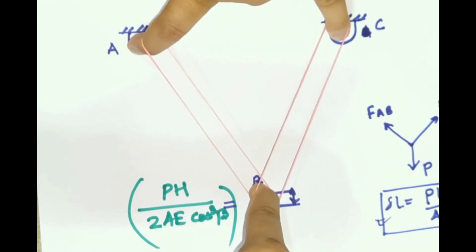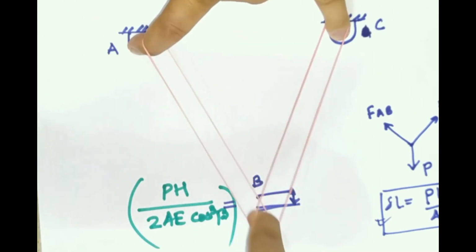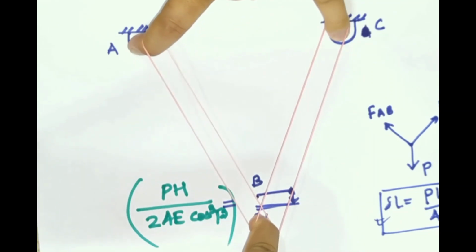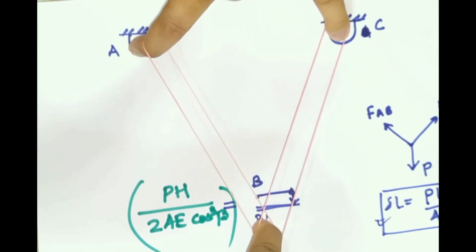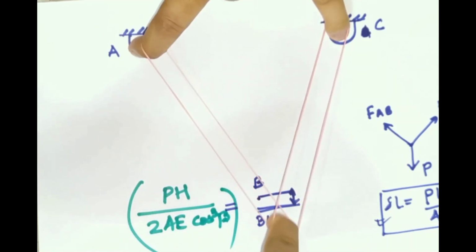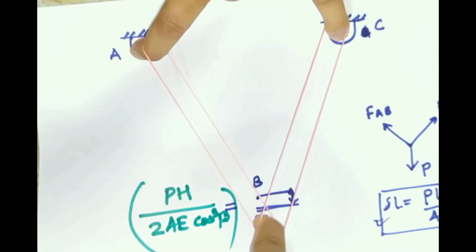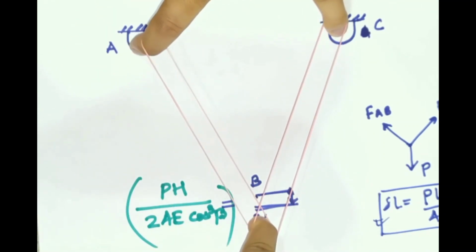Links AB and BC were there. Now when load P is acting on it, the final position will be B dash. This is what is happening practically. Theoretically, how to solve and find out the exact displacement due to the load application P from B to B dash, we will understand it.